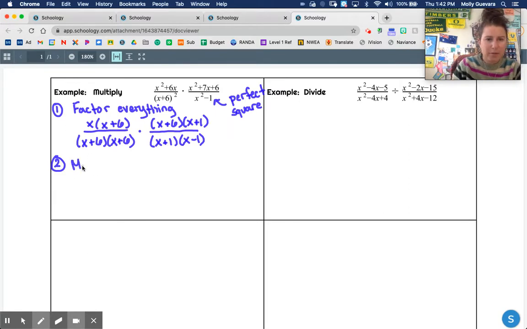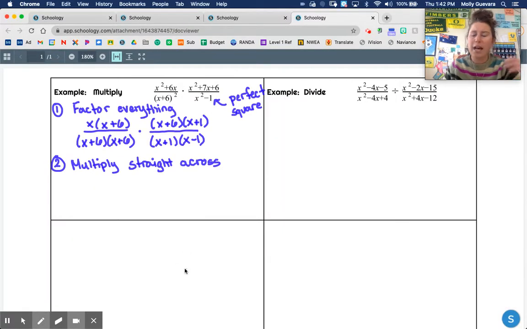Step 2 is that I need to multiply straight across, right? So how do I multiply fractions? I multiply fractions straight across the top. So I'm not going to actually distribute anything here. I'm just going to combine both of these fractions to make one fraction. So on the top, I have x plus 6, another x plus 6, and an x plus 1.